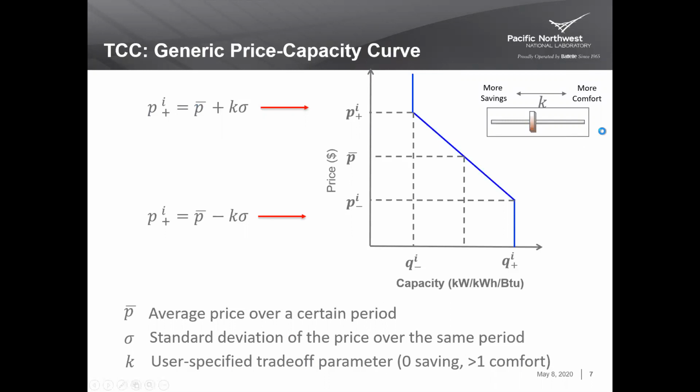And then we have this K, which is a user-defined factor, which basically allows you to dilate or expand this curve around the mean price. And as you can see, if you make K 0, you're going to get more savings, and a K of greater than 1 will elicit more comfort.